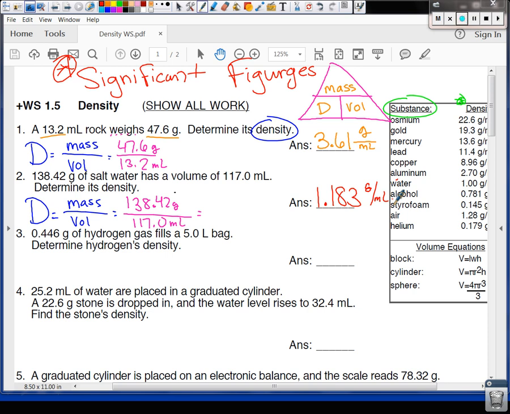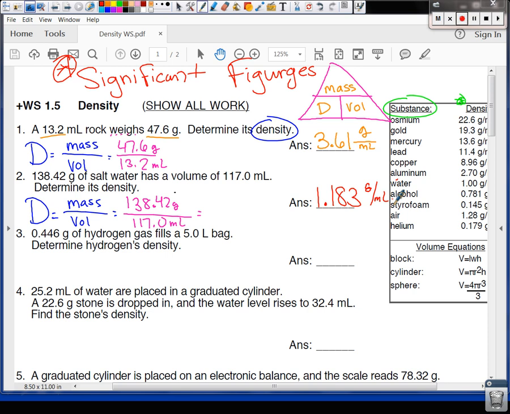Now, I'm going to give you a chance to work on this one. The next one says 0.446 grams of hydrogen gas fills a 5-liter bag. Determine its density. I need to ask this question at this point: does the volume unit look a little odd? My question to you is, what is the definition of density by equation? What's the equation of density? Mass divided by volume. Is liter a volume unit?